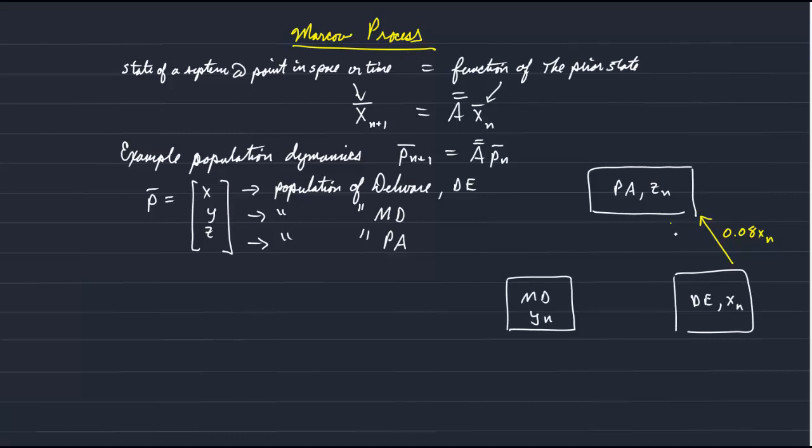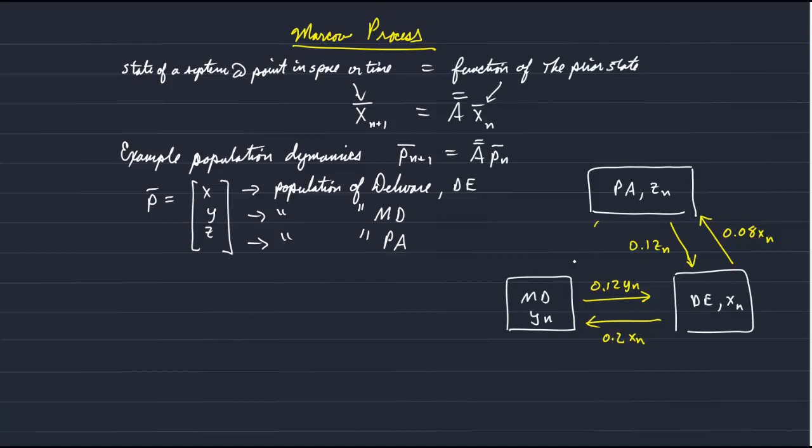And in a given year, 10% of Pennsylvanians move to Delaware. From Delaware to Maryland, 20% of people living in Delaware in 1 year move to Maryland, and 12% of people living in Maryland move to Delaware.